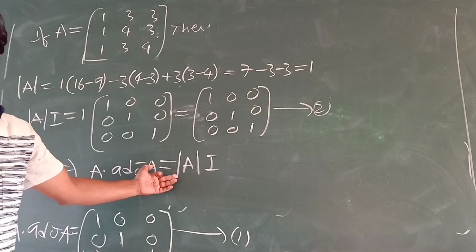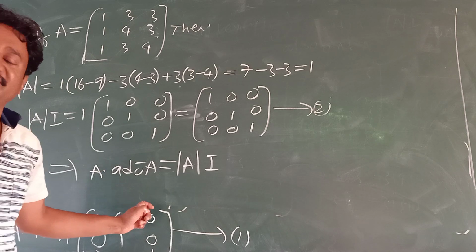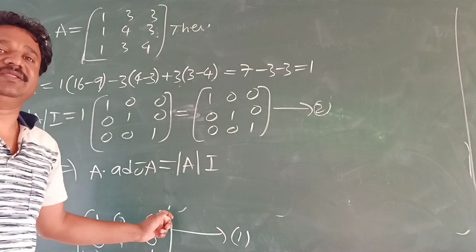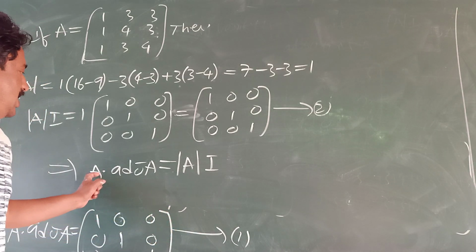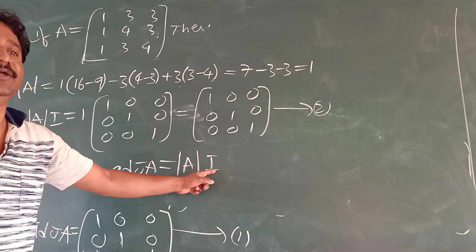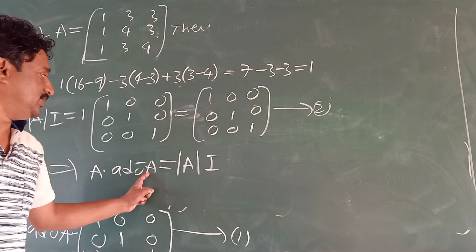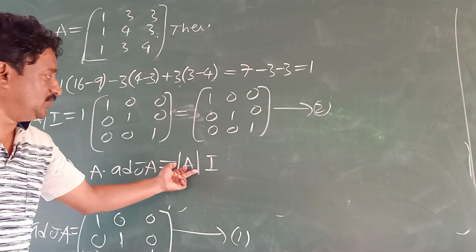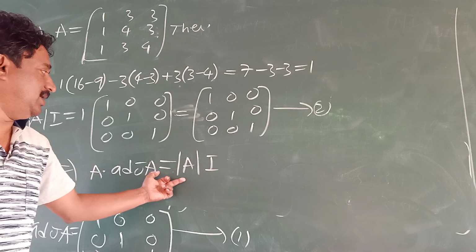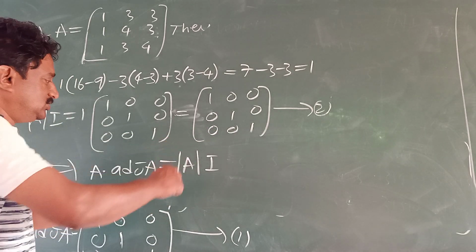This is a standard property: whatever the given matrix is, A into adjoint A is always equal to det A into I. Keep this in mind. This is always true.